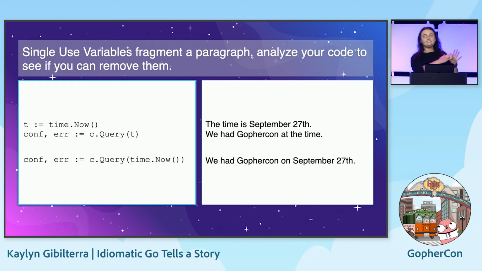Because Go code does not enforce a line maximum. Obviously, we don't want it to go forever and be unreadable, but the reason for that is that if you are taking one action and you want to make a full statement that says, I am doing this thing with these items, and here's the result that I'm getting, it can often be encouraged and very idiomatic to put that all in one line. So definitely something to look for in your code, and often a quick win that can really refactor things.